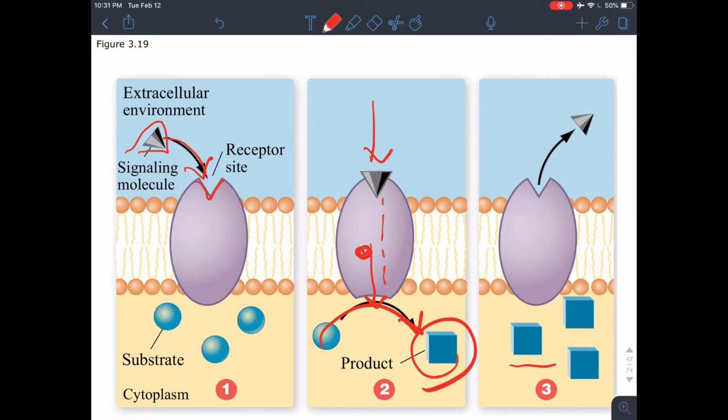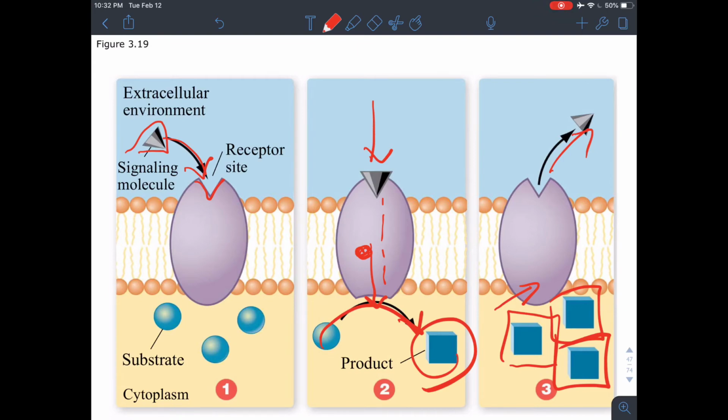And then once we accumulate this product, our body, in some kind of feedback, which we'll talk about later, has mechanisms to know, okay, we've got enough of the product we're seeking. It releases it, then it causes another transformation in this protein, which will release this initial signaling molecule, and then the whole process will turn off.